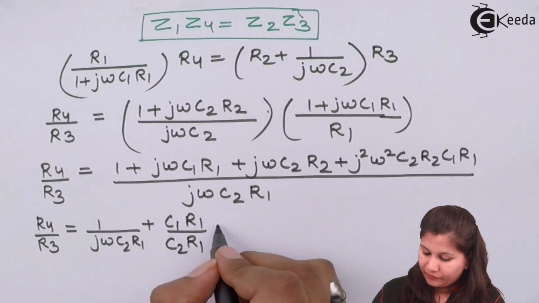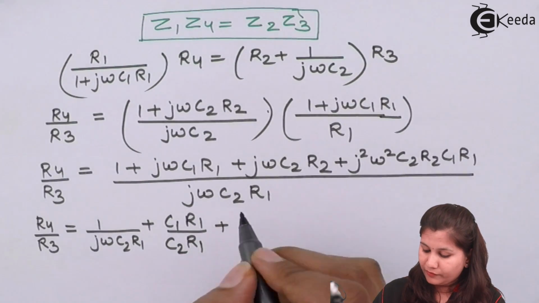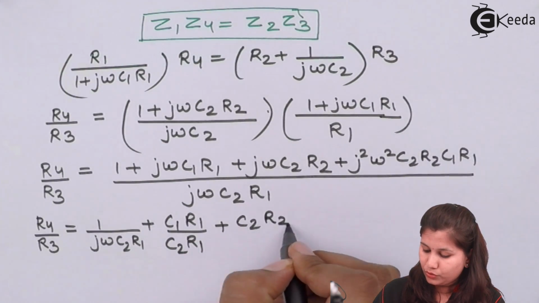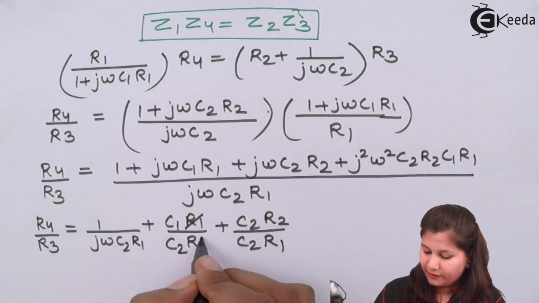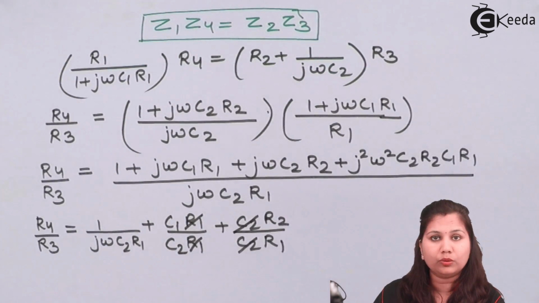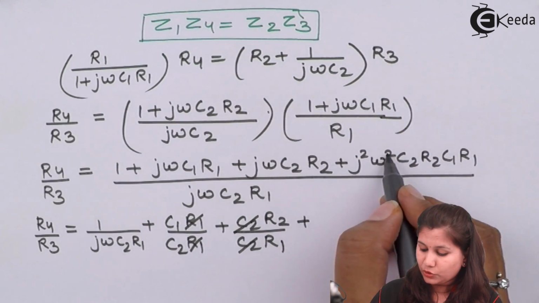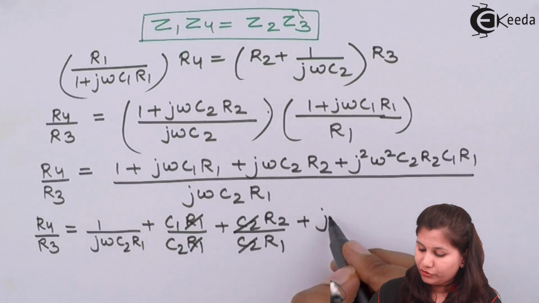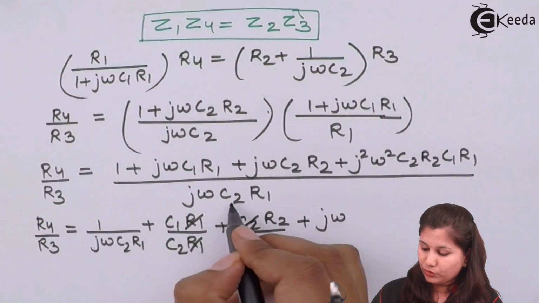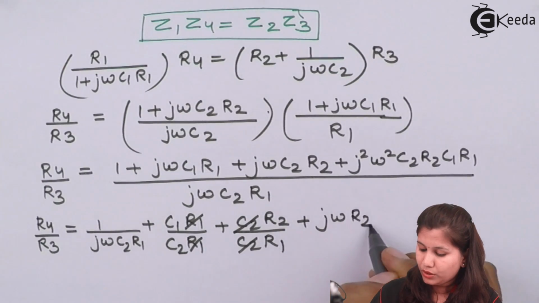Then we have j omega C2 R2 upon j omega C2 R1, so C2 R2 upon C2 R1. R1 and R1 cancel, C2 and C2 cancel. Next we have j square omega square, and here we have j omega, so we are left with only j omega. C2 cancels, R1 and R1 cancel, so we are left with R2 C1.